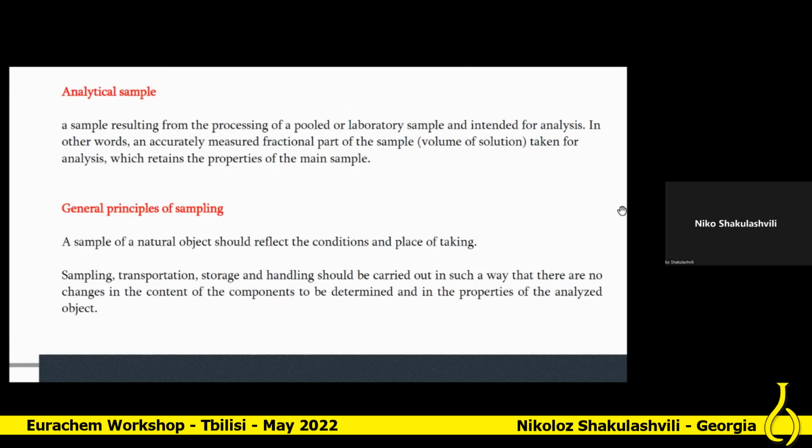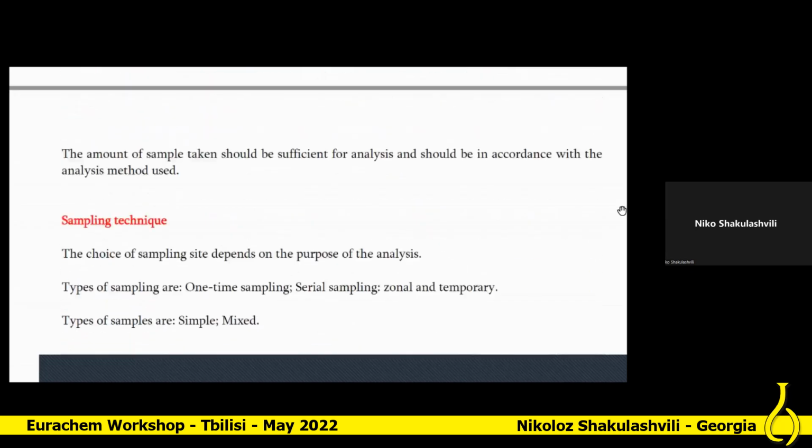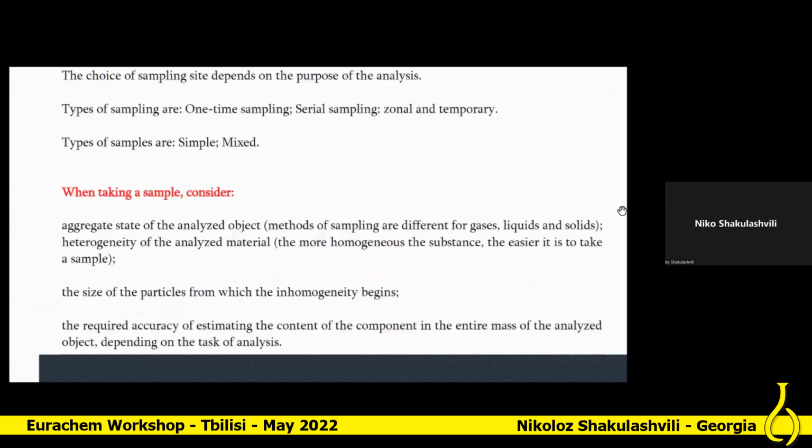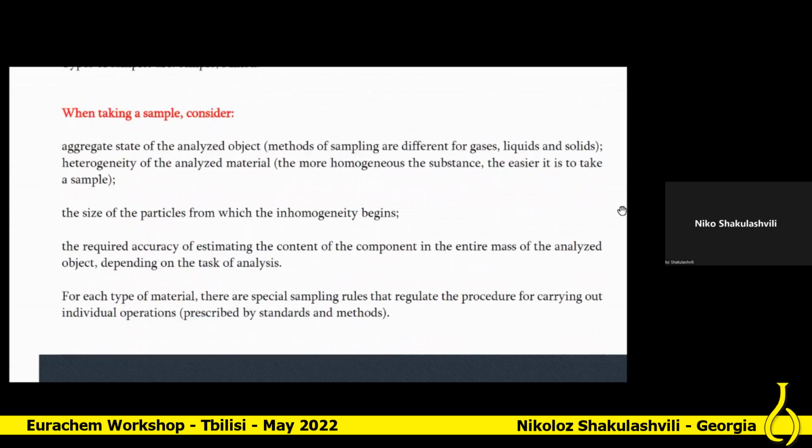Now, what needs to be taken into account during sampling? When we take the sample, we need to take into account the following factors. First and foremost, the aggregate state of this object that we take as a sample. These objects could be in different aggregate conditions, and there are respectively different methodologies for sampling. Different solids are used and different methods.